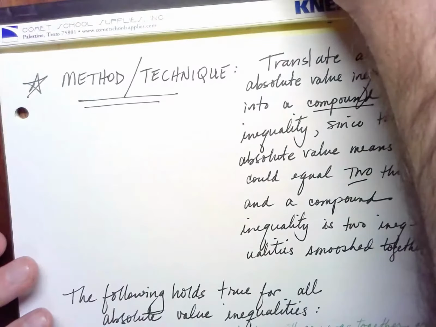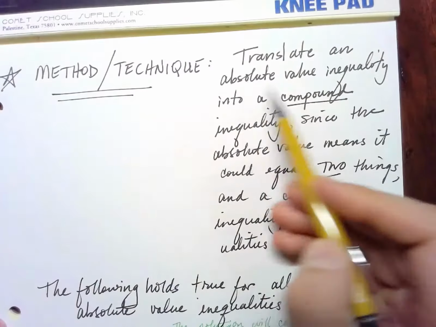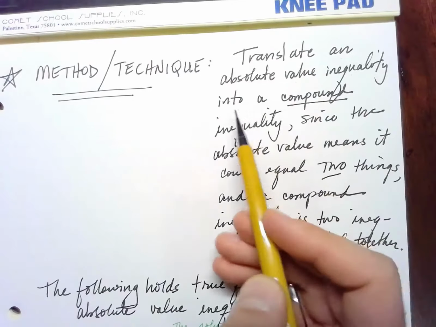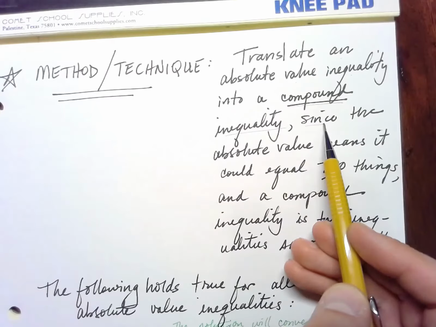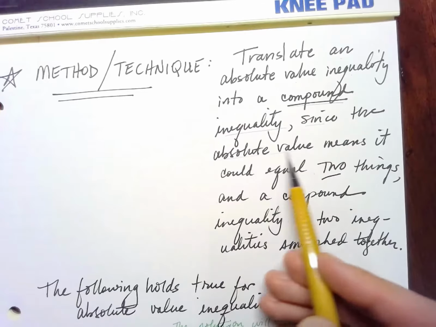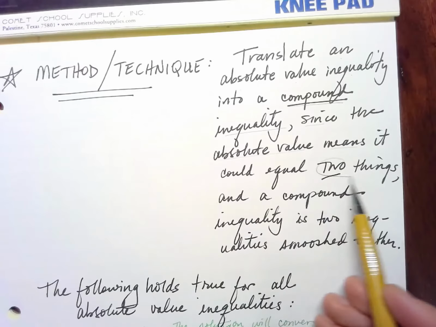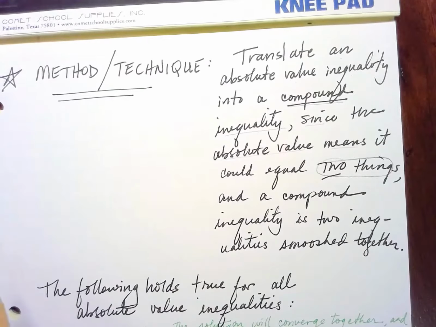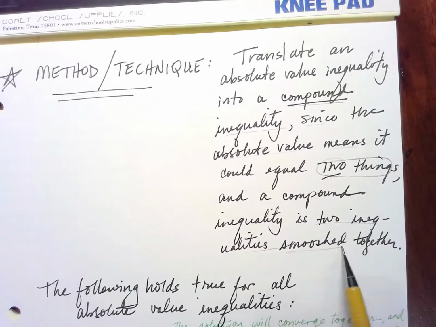Okay, here's the method. The method is to translate an absolute value inequality into a compound inequality, since the absolute value means it could equal two things. And a compound inequality is two inequalities smushed together.